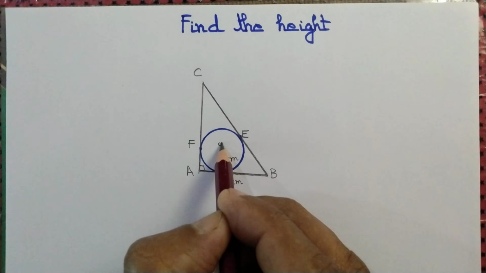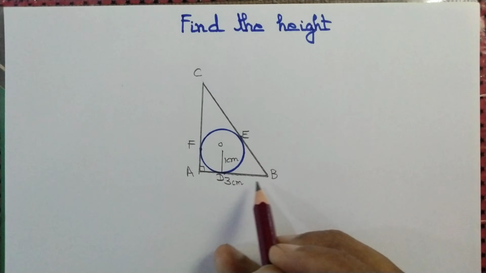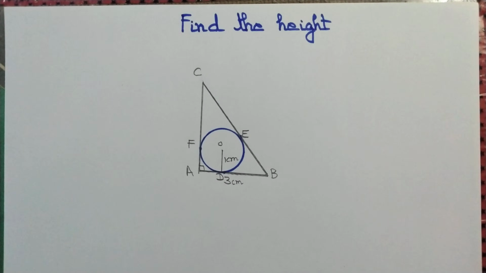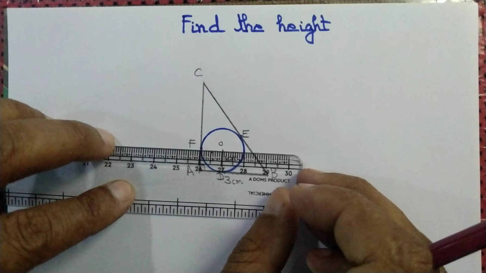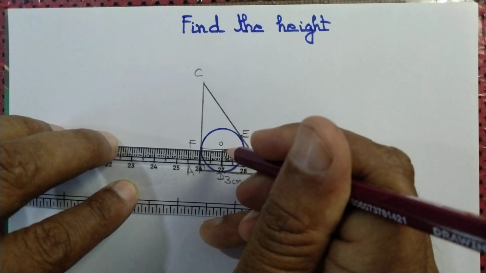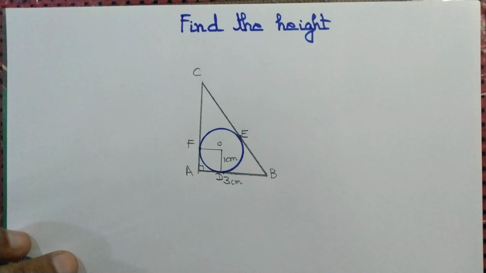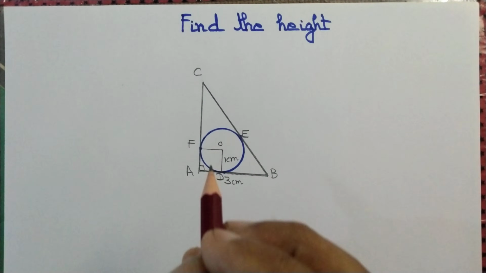If O denotes the center, and if D denotes the point of contact of the tangent to the circle, then OD must be radius and OD must be perpendicular to AB. Similarly, OF must also be perpendicular to AC, and OD being radius must be equal to 1 centimeter.